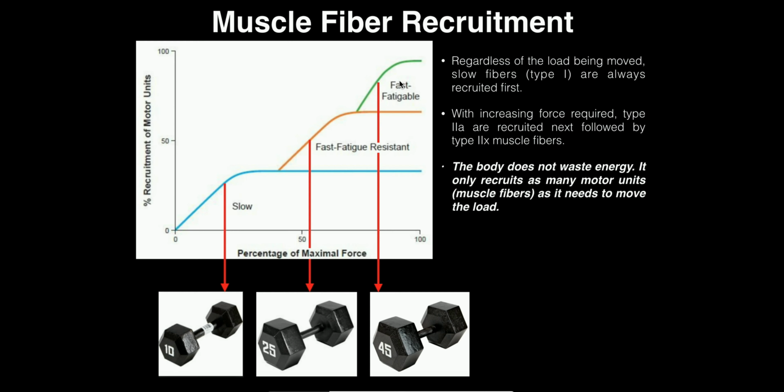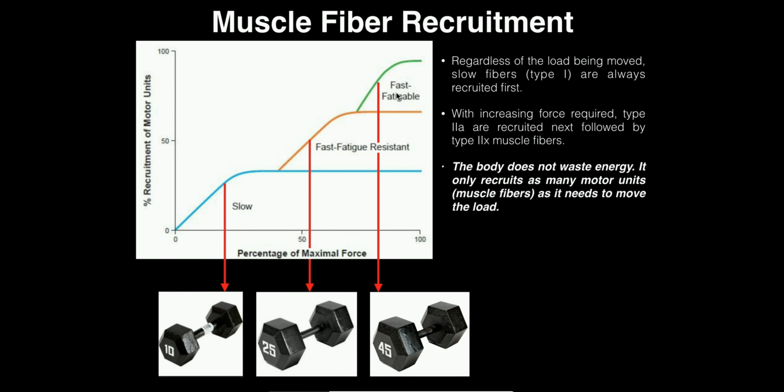All right. So again, in conclusion to this video, it might be overkill, but it's very, very important you understand this. One, the fibers are going to be recruited in sequential order, and it's always going to be that order. And along the same lines, number 2, it's always going to be slow, type 1, and then fast fatigue resistant, 2A, and then fast fatigable, 2X, okay?